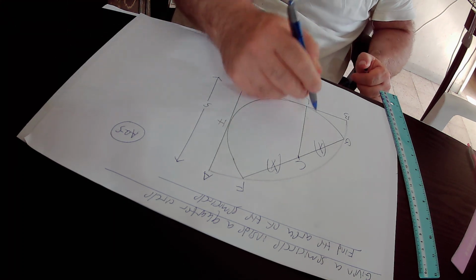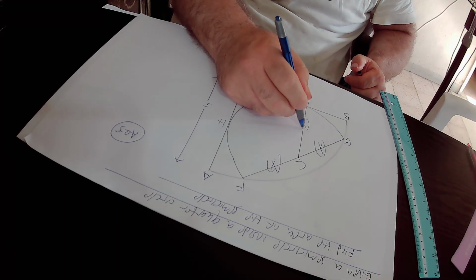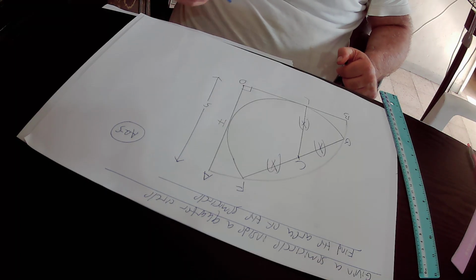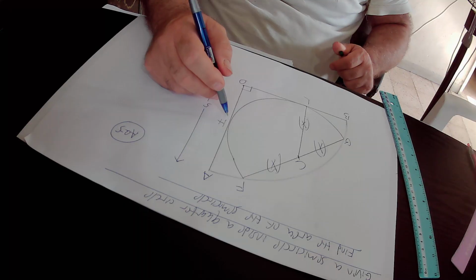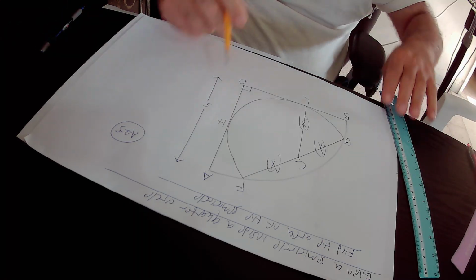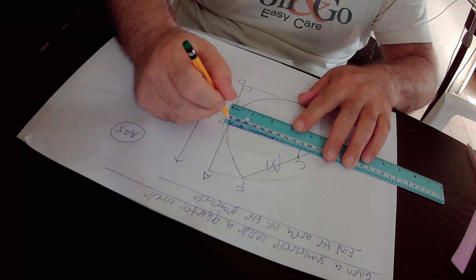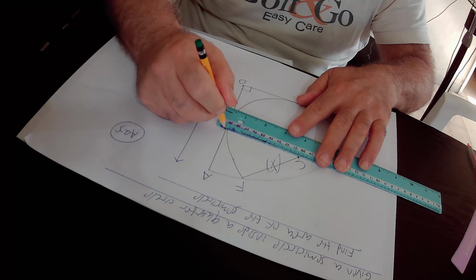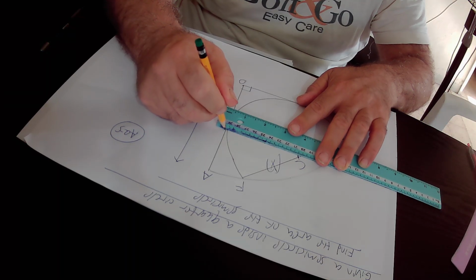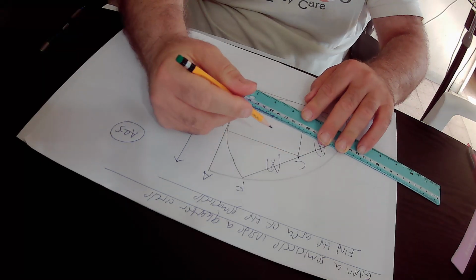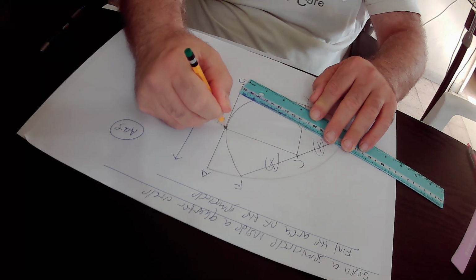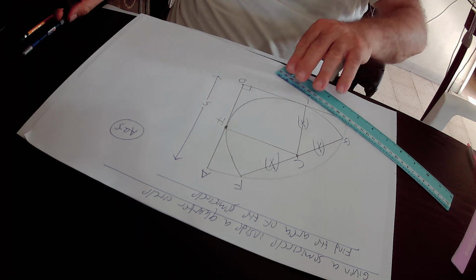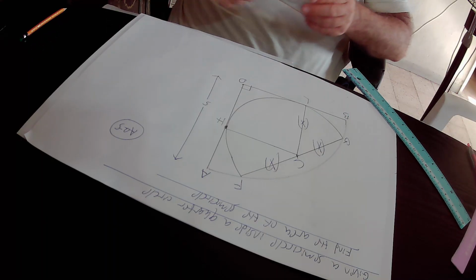Likewise, we join points C and H together. CH is also the radius of this semicircle that is equal to x.